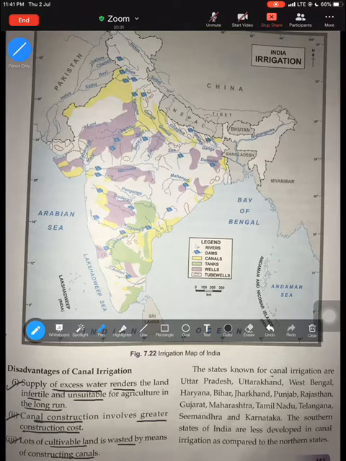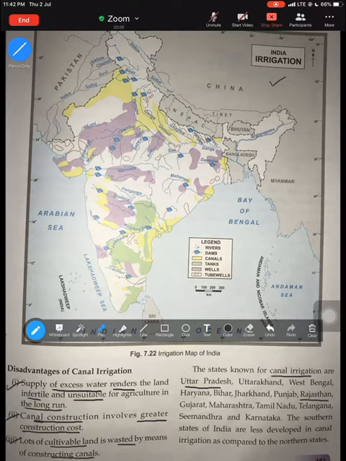Now, states. Again, UP is a very popular state. You can learn other states as well. Rajasthan, where Indira Gandhi Canal is. So try to remember at least two states where canal irrigation is popularly used, and these are perennial canals, which have water in them throughout the year. This map here helps us to show the different forms of irrigation.